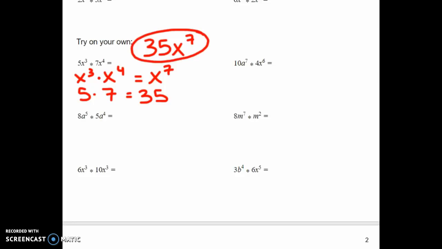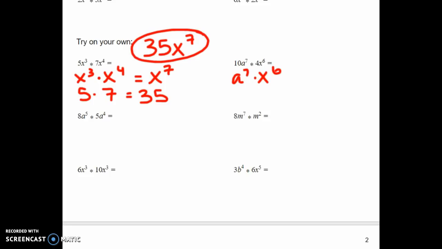This next one, hopefully it doesn't trick anybody up because we have different bases this time. Notice we have a to the 7th times x to the 6th. So notice that we can't use our multiplication property shortcut for this one. So this is actually simplified.